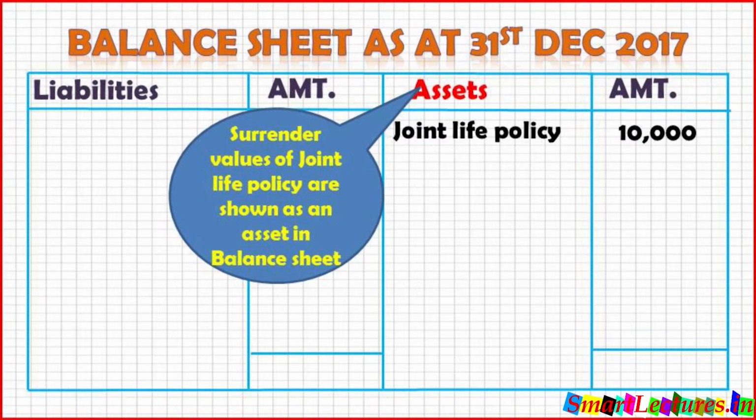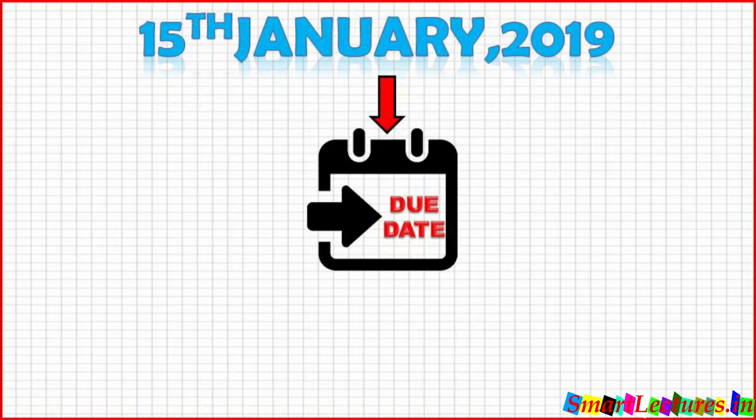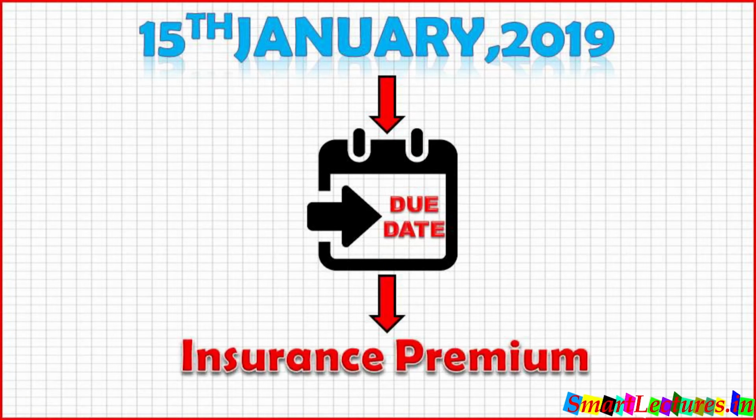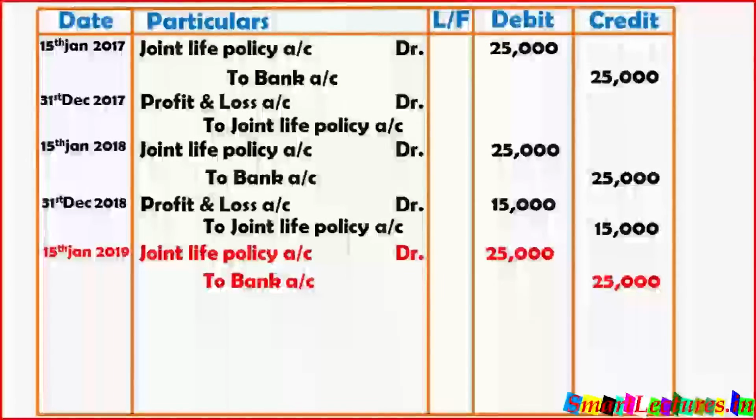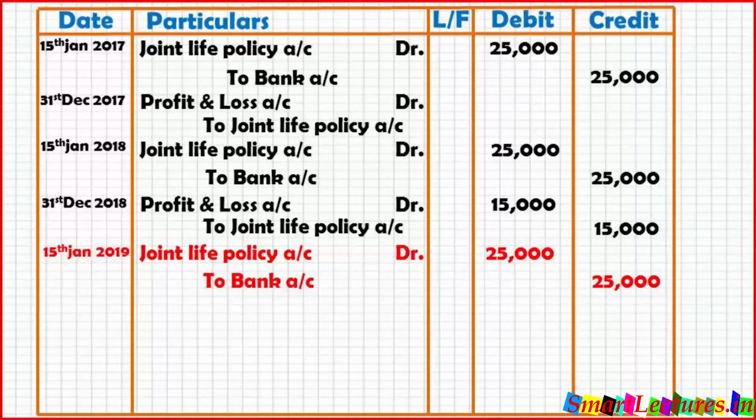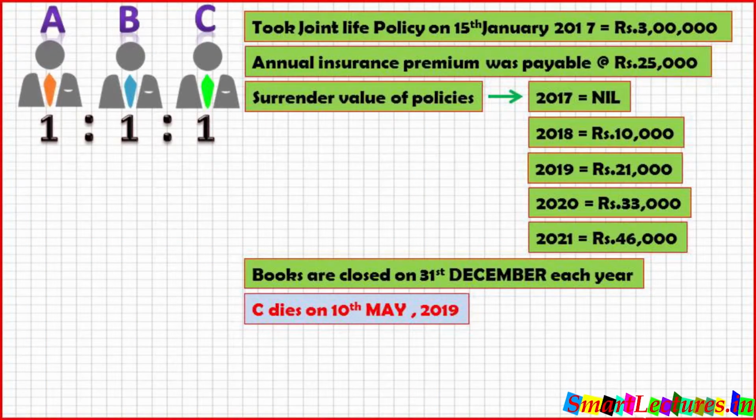Then again on 15th January 2019, it's again the due date and we have to pay the insurance premium, and the journal entry will be joint life policy account debit to bank 25,000 rupees. But before we reach the closing of 2019, on 10th of May 2019, she died.